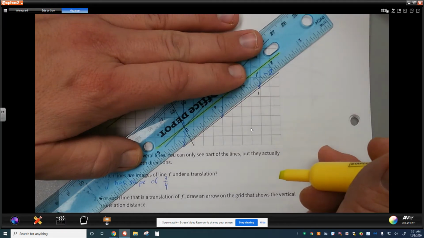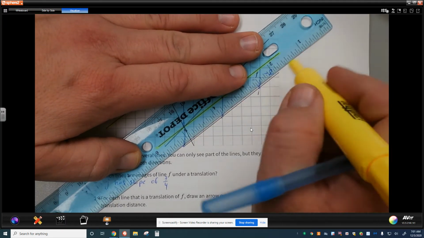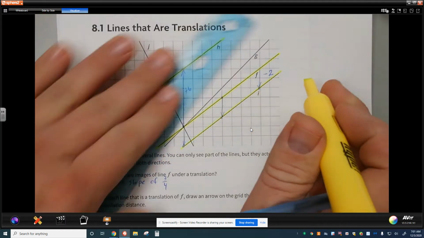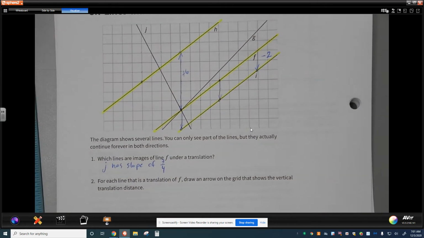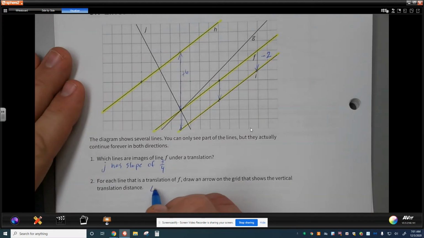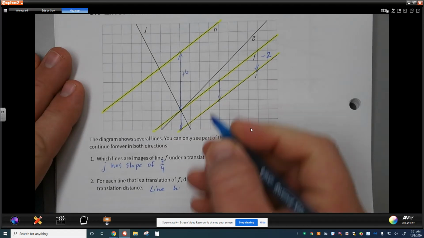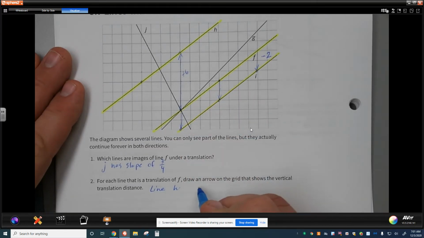So for these translations that we're after with this, the reason I drew those lines on there is because it told me to down here, number 2. I'm sorry I didn't show you that. But for each line that is a translation of F, draw an arrow on the grid that shows the vertical translation distance. So when we talk about this line H, since we're translating up, we're translating that y coordinate, we would just say up 6 units.